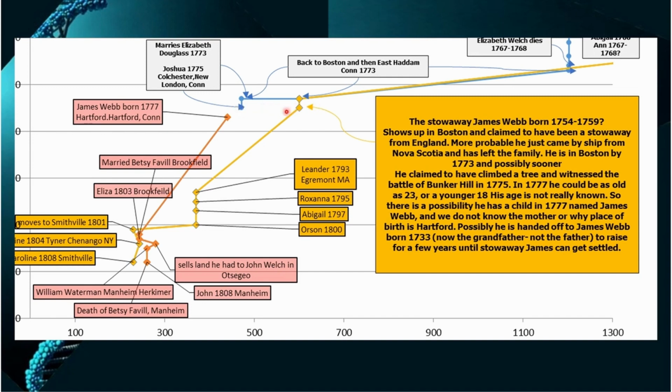Here's the distance if it was Hartford. Here's the distance if it were Colchester. If it was Egremont, Massachusetts, the distance would be here. Anyway, we'll hop back to the Stowaway. He finds himself in Massachusetts.